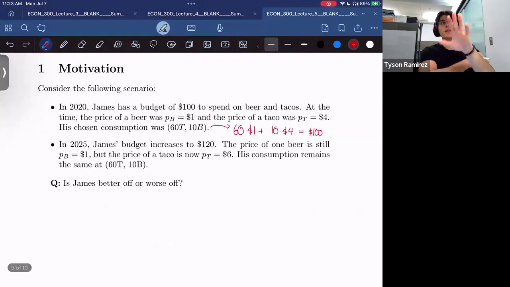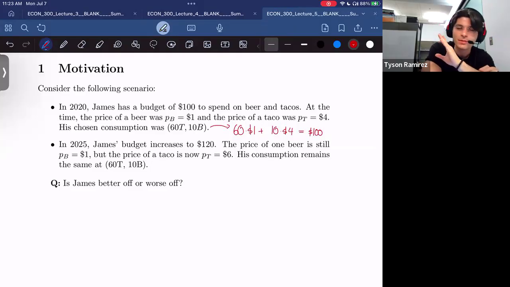Now, consider inflation. So 5 years later, his budget increases to $120. Now instead of $100, he's spending 120. And the price of a beer is still one buck per beer. All right, suppose. But now the price of a taco is $6 each.